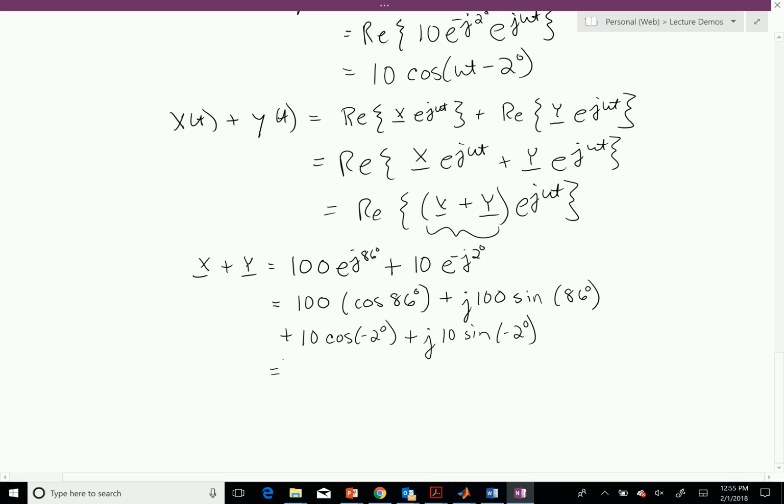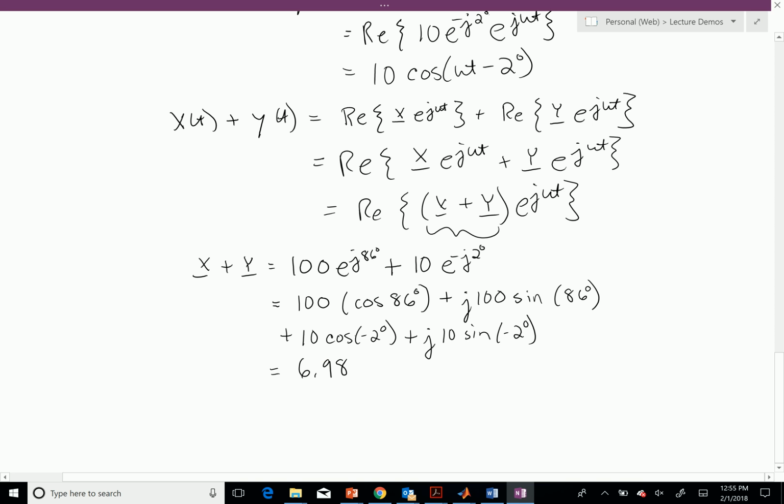So how do I do that? Essentially, I say 100 times cosine 86 degrees, which is 6.98.